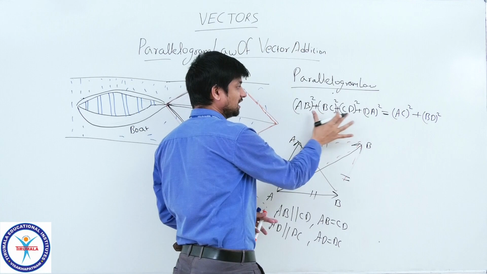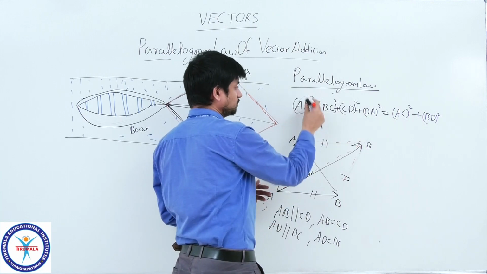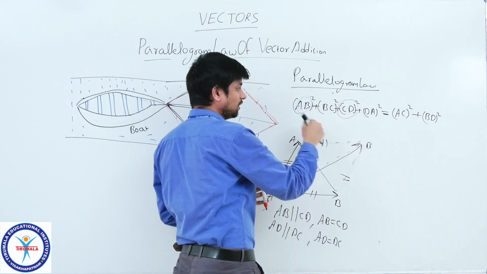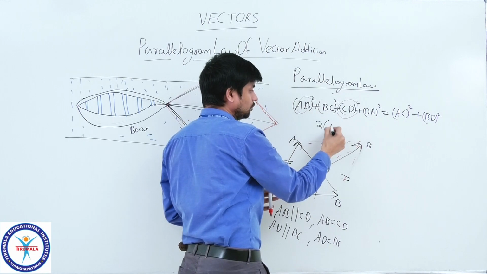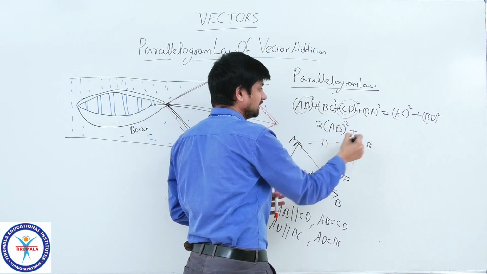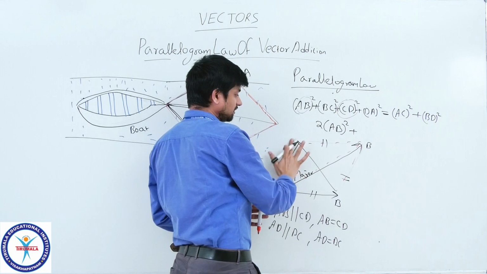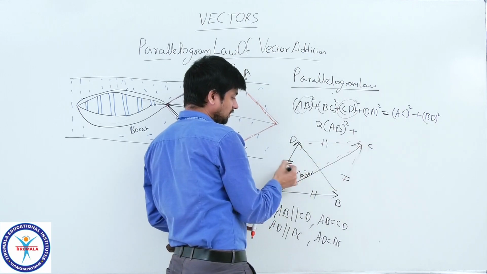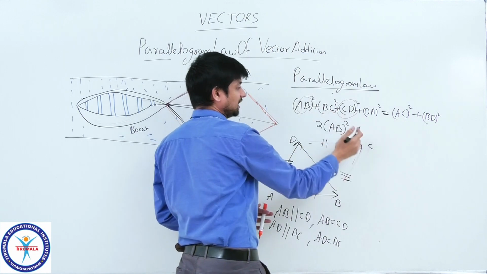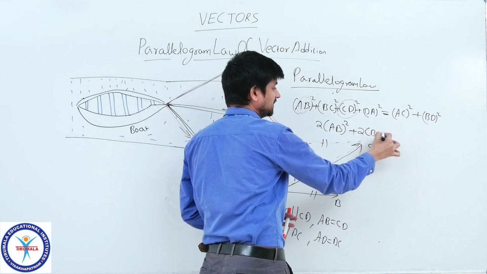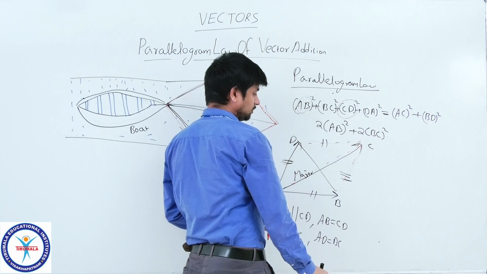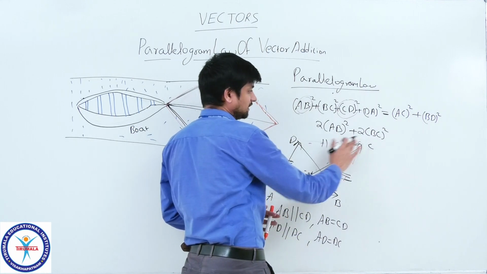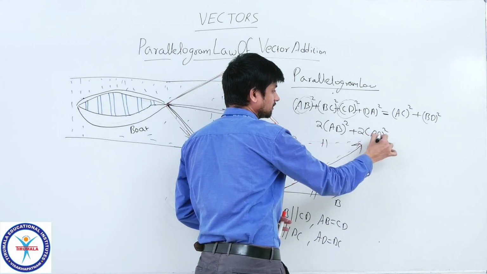So, in this way AB and CD are equal, right? So I can write 2 into AB whole square. The same way AD and BC are both equal, so I can write 2 into BC whole square, or you can write AD.